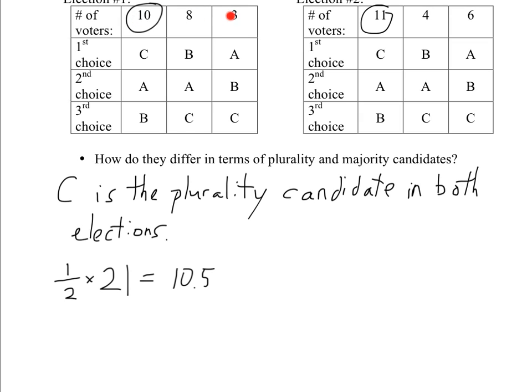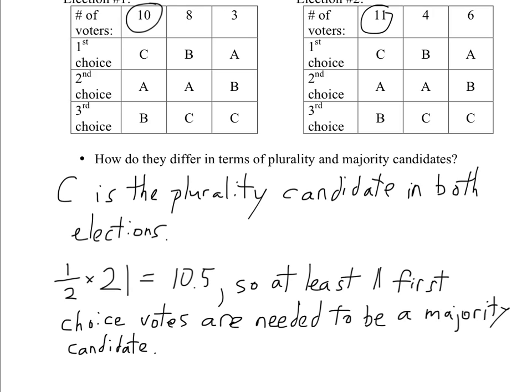Now, in each election, there are 21 voters total, and half of 21 equals 10.5, but of course, you can't actually receive 10.5 first-choice votes. You could, however, receive 11 or more, and 11 is the smallest number of first-choice votes needed to be a majority. Great! Now we can figure out whether we have majority candidates in our elections.